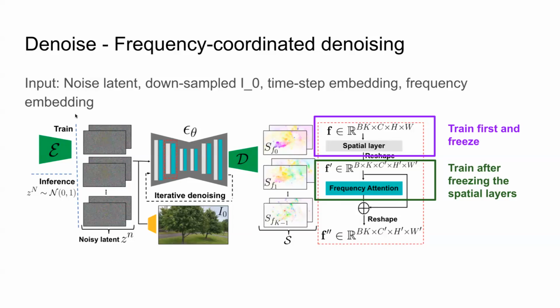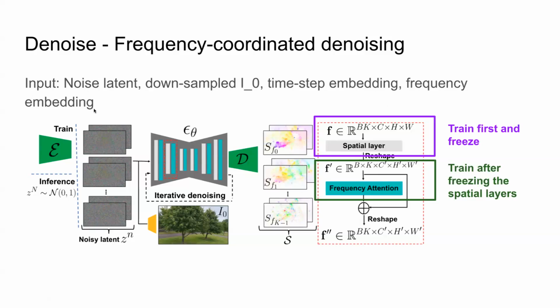So for the denoising part, the author also made some innovation. For this denoising, the input is not only the noise latent, but also the original picture. It also has the time step embedding, because for different steps, the noise is different. And it also has the frequency embedding, because if you recall from our motion representation part, all these motions have different frequencies.